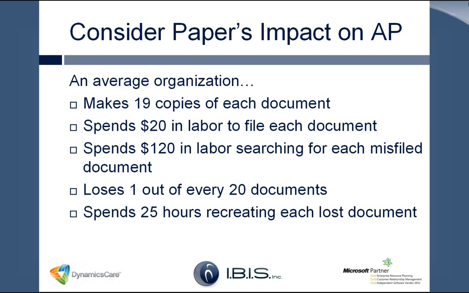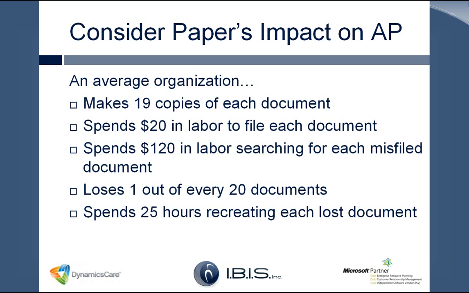An average organization, and I've seen just about all of these in play with different customers I've personally interacted with, makes 19 copies of each document. I've seen organizations come to us because they were making copies on multiple colored papers, and their biggest problem was they were running out of different colors to make copies of their invoices that they were using to file, to visually identify different batches and check runs.